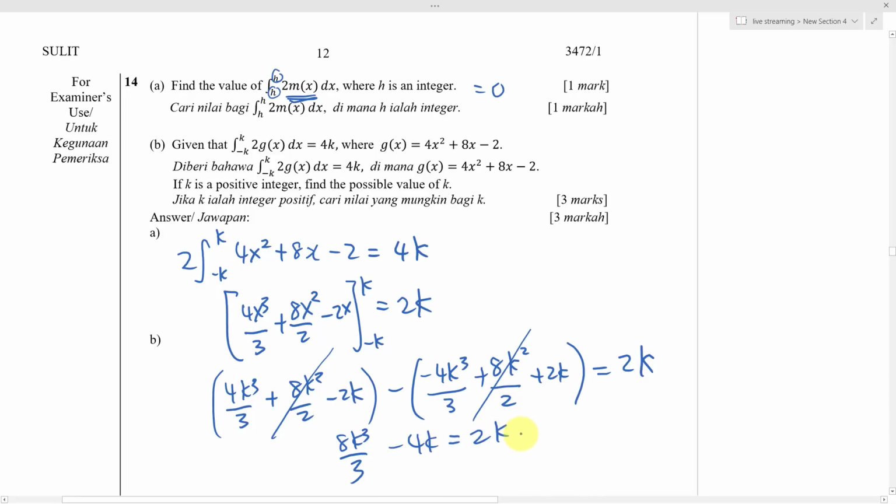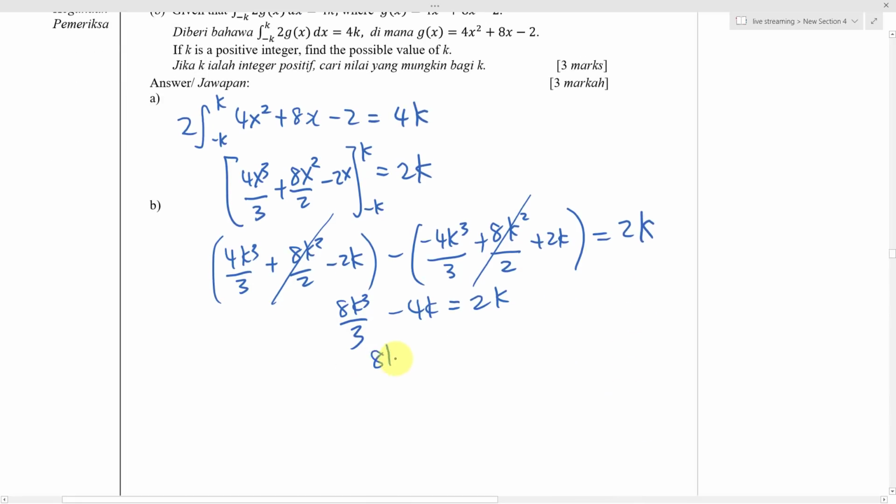Then equals to 2k. Then we will need to solve this thing by moving the k to the other side. So I will get 6k, so I will times 3. I will get 18k. So I will divide, k squared equals to 18 over 8. No, it doesn't get integer.